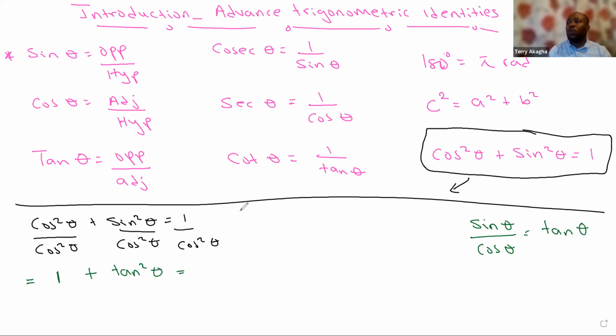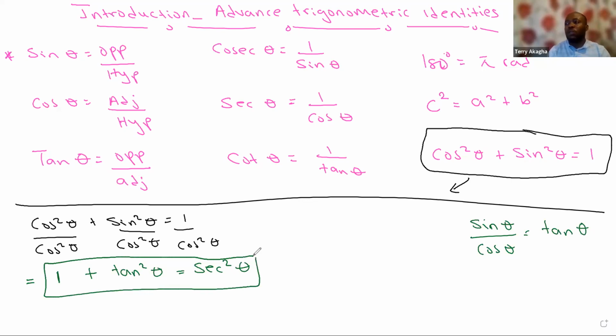And 1 over cos squared theta is the same thing as 1 over cos theta squared. So that means it's going to give you sec squared theta. This is another identity that you need to take note of. There are so many of these identities that you need to go back and review. It is important to remind yourself about all this, because when we start solving different questions, we're going to play around with each of these identities.